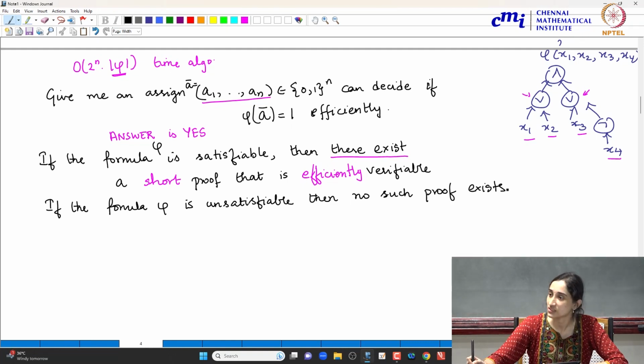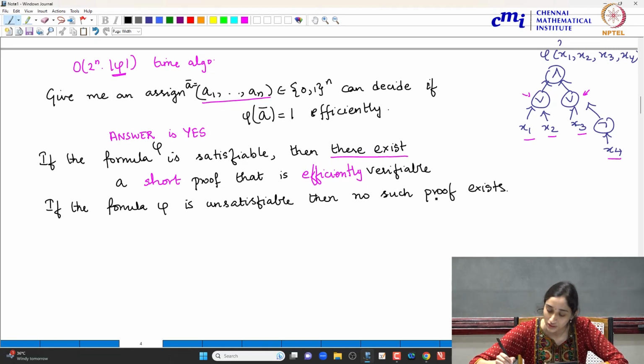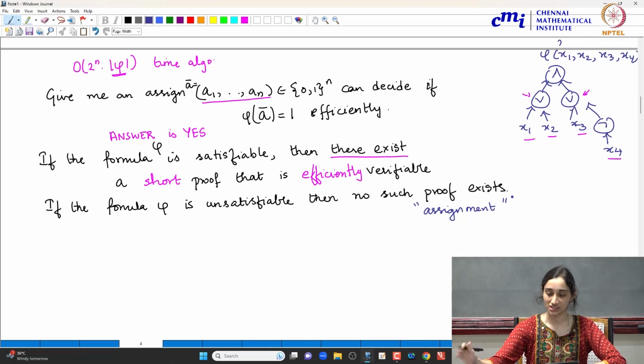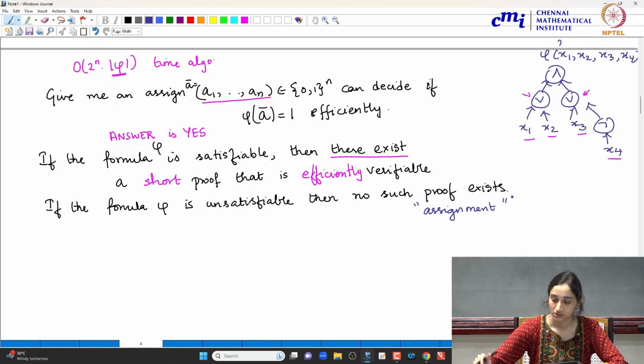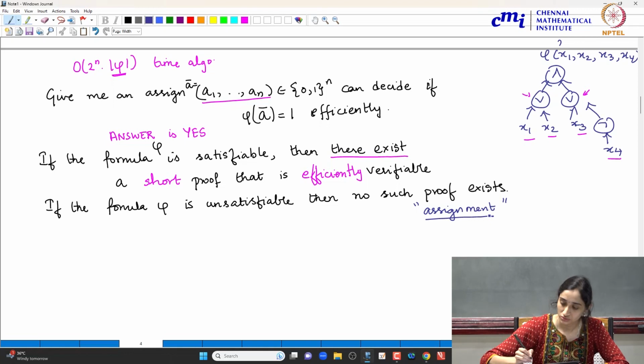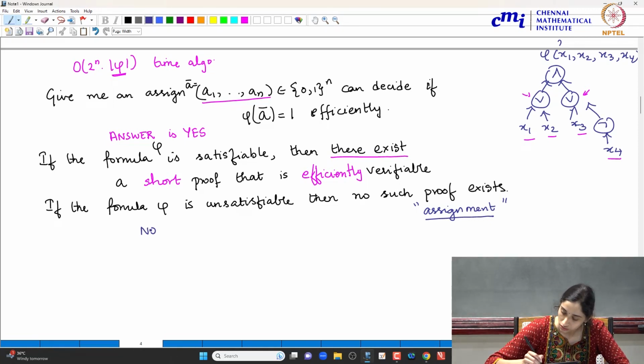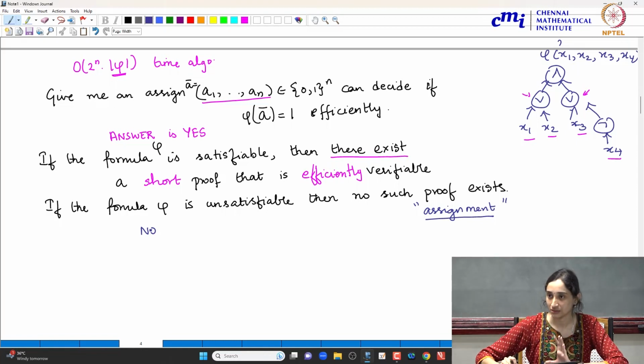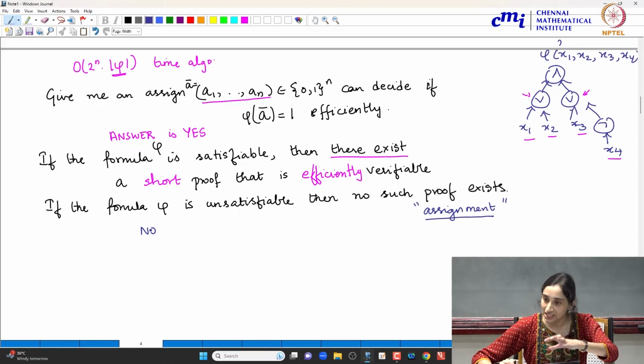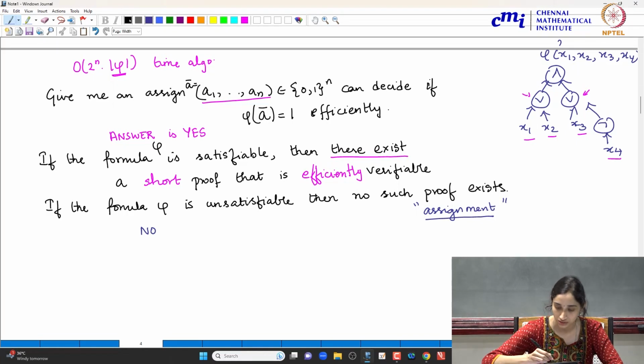When I say proof, I should probably say there is no such assignment. I am calling the assignment the proof, I'm thinking of the assignment as a proof of the satisfiability of the given formula. So if the answer is yes, then there is an assignment to the variables such that I can efficiently verify it. If the answer is no, then there is no such assignment.